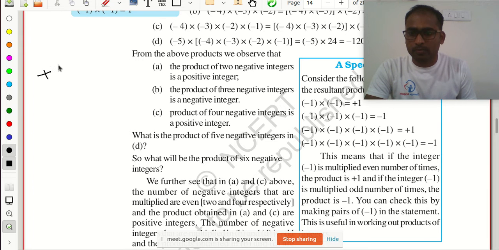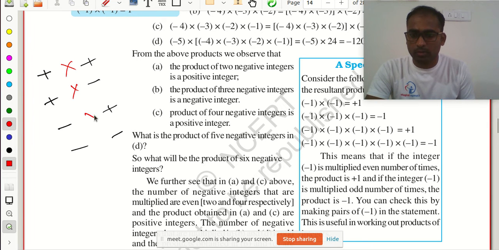Positive into positive, positive into minus, minus into plus, minus into minus. What sign I will get, that I need to know.